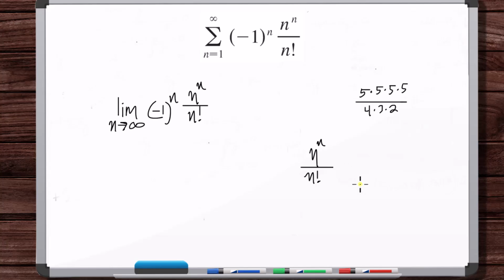It'll always be greater than 1, no matter what, which means it definitely can't be equal to 0 for any n. So in that case, this limit is definitely not equal to 0, and the test for divergence tells us that if the limit of a sub n is not equal to 0, then the corresponding series of a sub n is divergent.